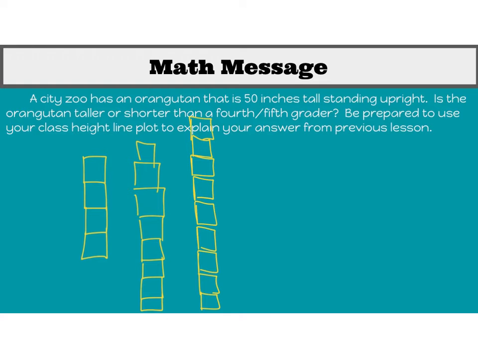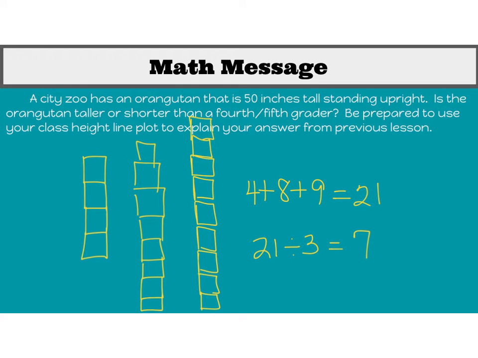We could add these all together. So we could do 4 plus 8 plus 9, which equals 21. And then because there are 3 towers, we would take 21 divided by 3, which equals 7. And that would be our typical measurement for these towers.